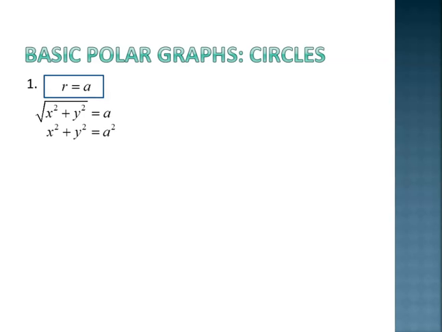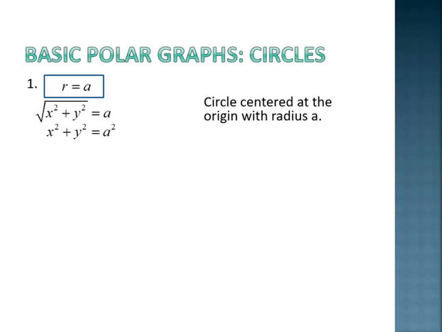If you square both sides, you end up with x squared plus y squared equals a squared. If you remember from Algebra 2, that a value would have to be your radius. And if you relate that back to the equation we have here, it's just r equals a, which is a circle centered at the origin with a radius of a.